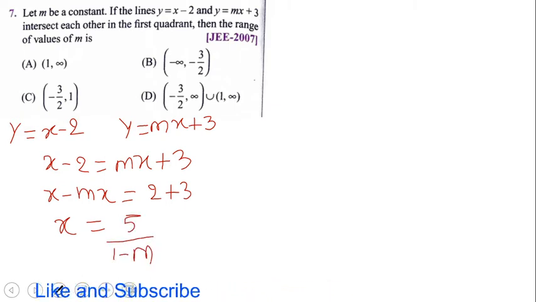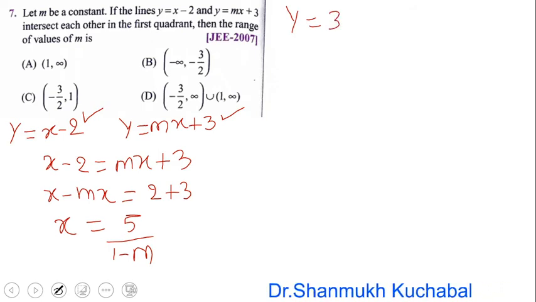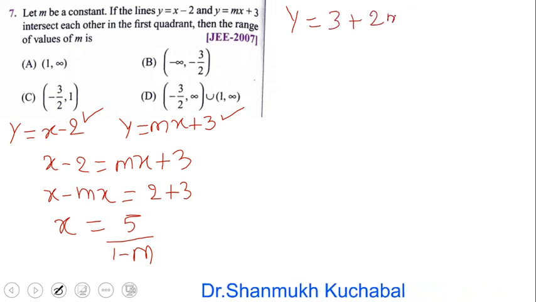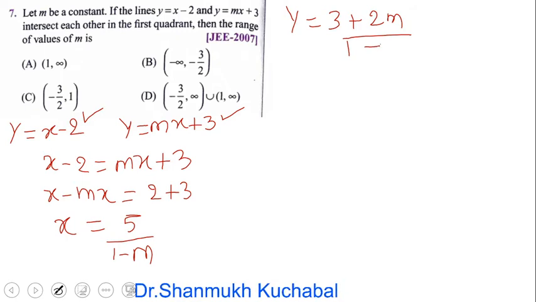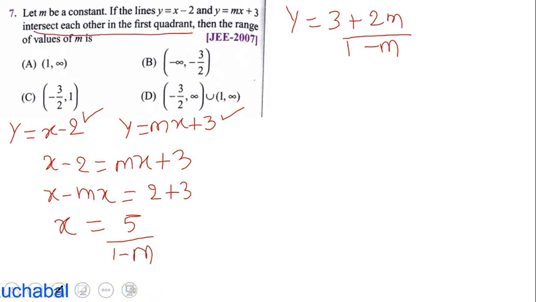Further, in either the first equation or the second equation, we substitute the x value and calculate the y value. So y we get as 3 plus 2m divided by 1 minus m. Further, they intersect each other in the first quadrant.